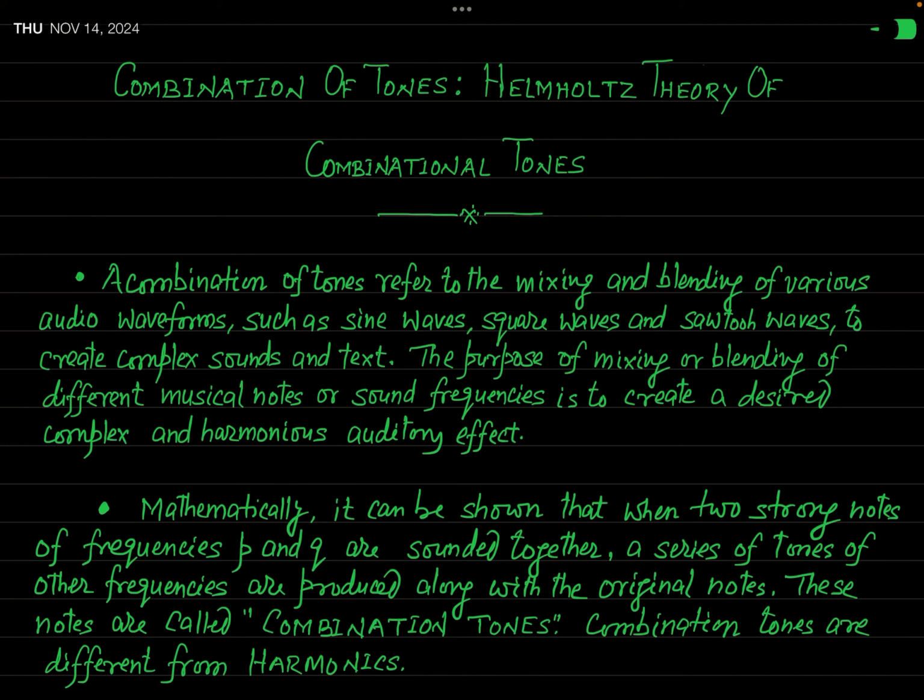In fact, when you talk about the synthesis of sound or electronic music production, then a combination of tones can refer to the mixing or blending of various audio waveforms such as sine waves, square waves, sawtooth waves, and so on. Actually, these combinations of mixing or blending are for the purpose of creating complex sound and texture.